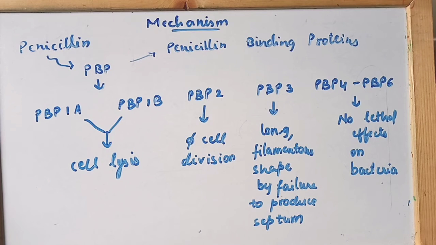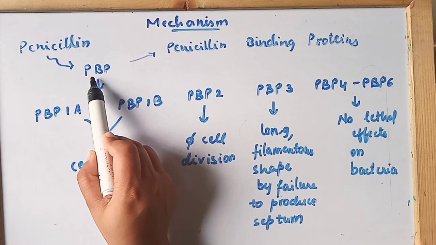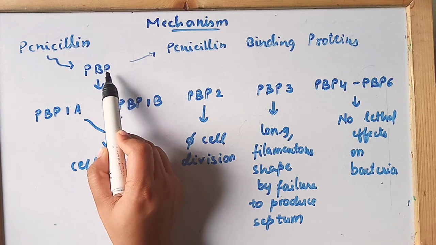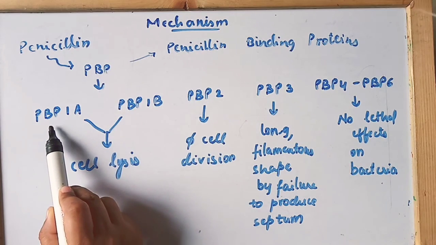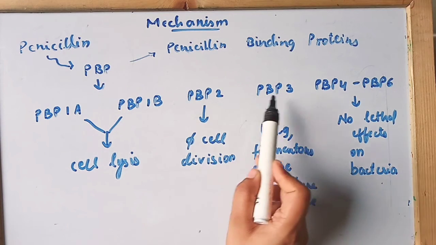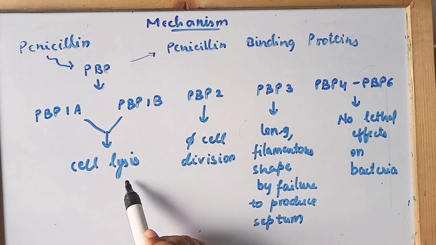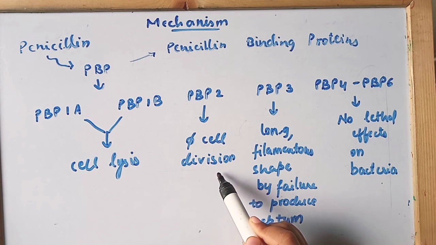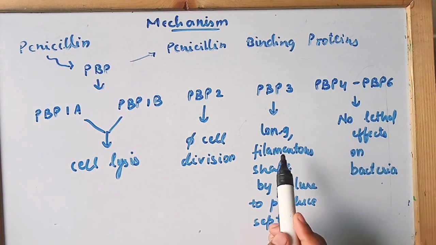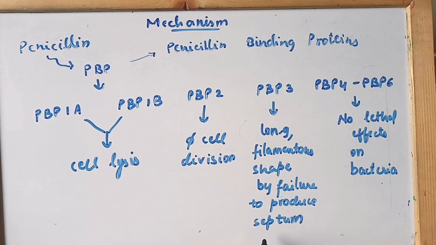and the cell as well as bacteria dies. There is one more point for penicillin: penicillin goes and binds to the penicillin binding proteins. These penicillin binding proteins are of various types like PBP1A, 1B, 2, 3 and 4 to 6. PBP 1A and 1B cause cell lysis. PBP2 causes cell division inhibition. PBP3 causes formation of long filamentous shape by the failure to produce septum.